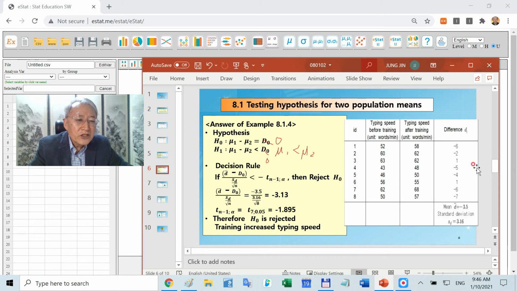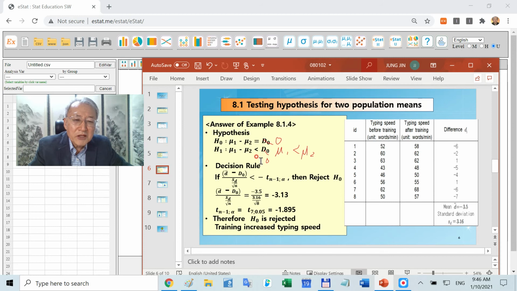The decision rule is that you calculate the differences and test whether these differences equal 0 or not. Therefore, you calculate d bar, the mean of these differences, and the standard deviation, and apply the test statistic. It shows negative 3.13. If it is a negative number, what does that mean?